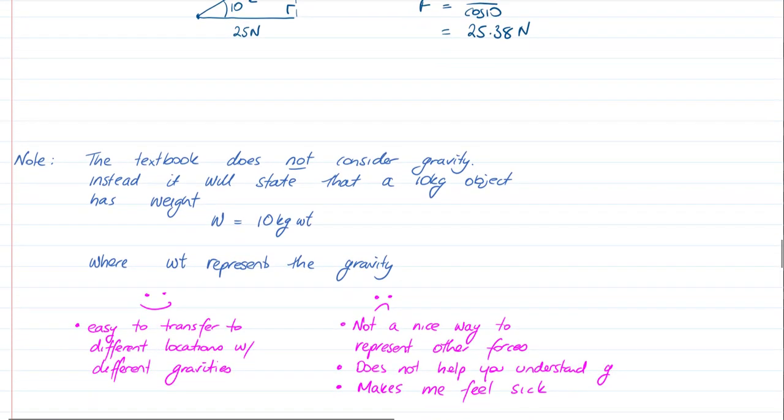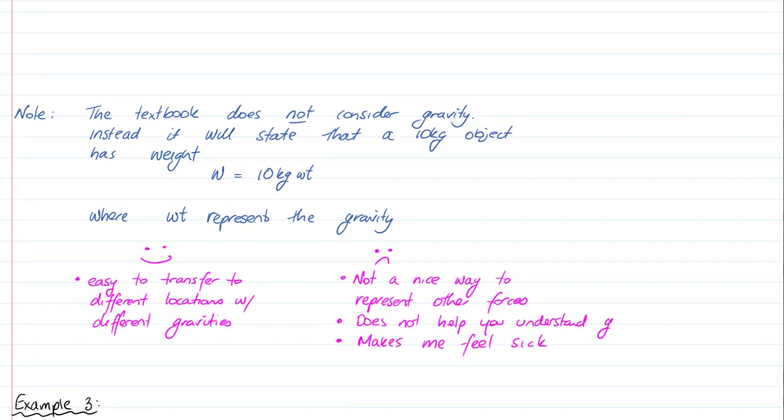Now, on our next example, I just want to make a note here, and you can have a read of this. The textbook we use doesn't really consider gravity at Unit 1. So it will state that a 10 kilogram object has weight 10 kg Wt, where Wt represents gravity. So it's a shortened version of weight, essentially. So it's good because it's easy to transfer different locations with different gravities, so that's handy.